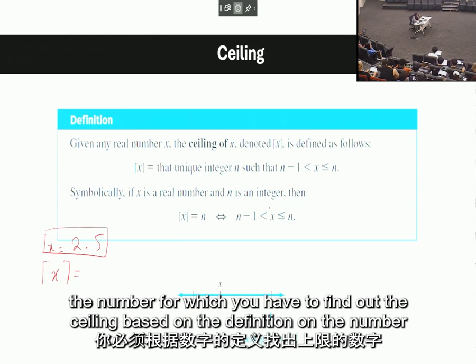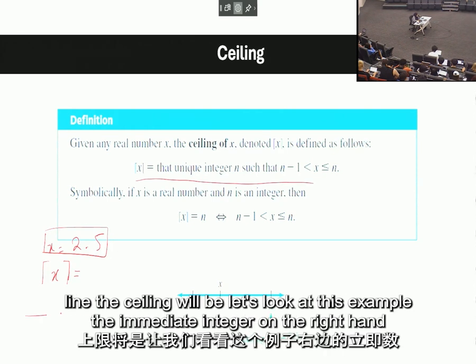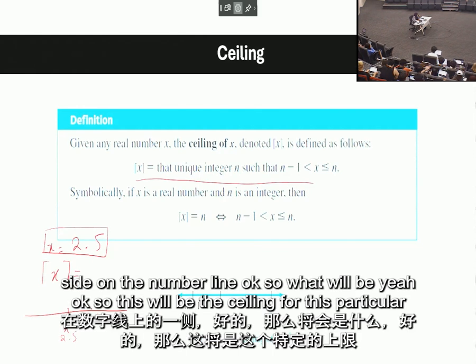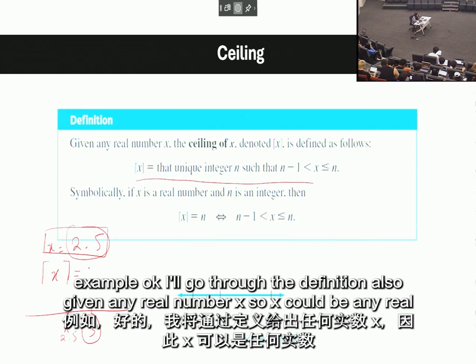Based on the definition, on the number line, the ceiling will be the immediate integer on the right hand side on the number line. So this will be the ceiling for this particular example.